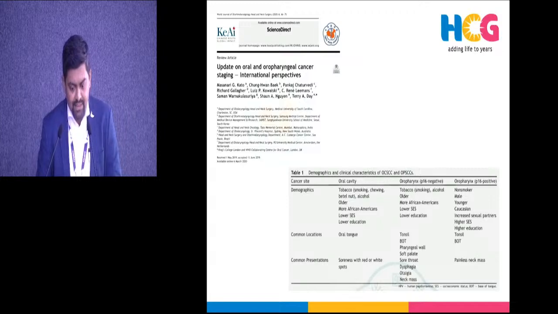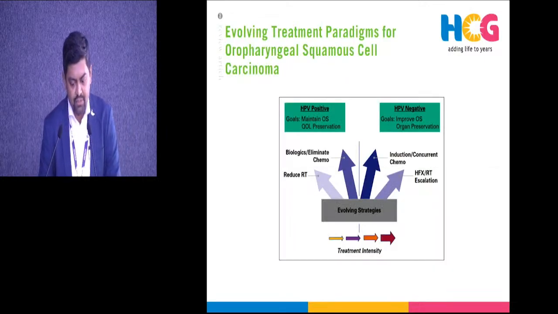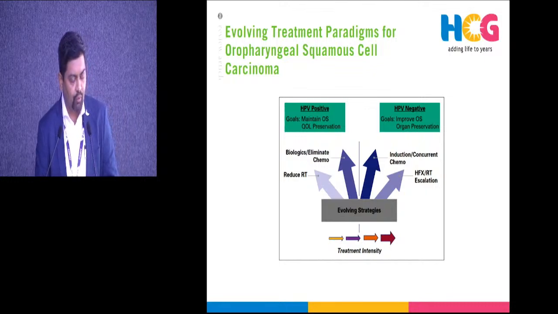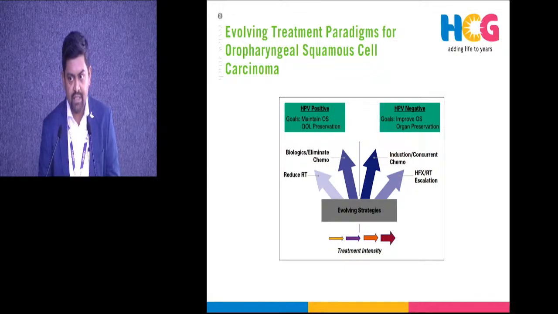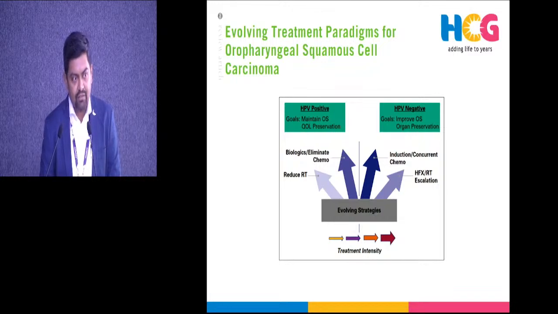This is a recent one on oral and oropharyngeal, the P16 data and how the clinical features and the treatment paradigms are moving. So they are moving in this way. If you are HPV positive or P16 positive, then we are trying to maintain the survival data as well as investing more into QOL, organ preservation, and how to de-escalate treatment. Whereas at the other end of the paradigm, if you are HPV negative, we really are still struggling to improve the survival data.